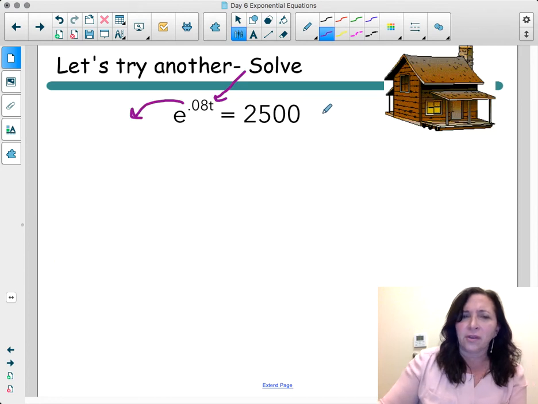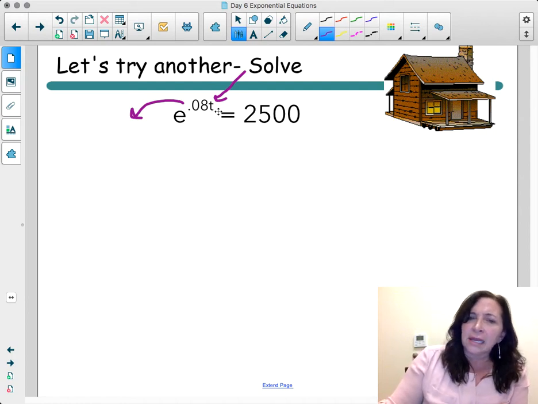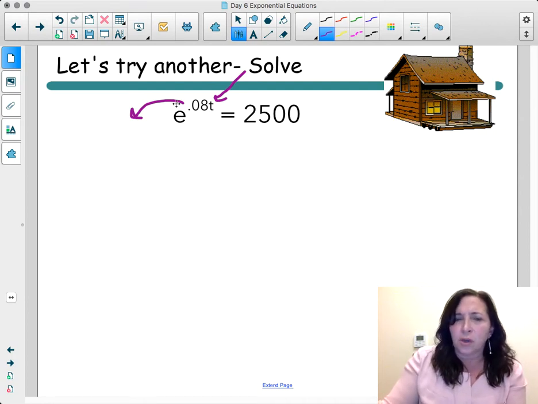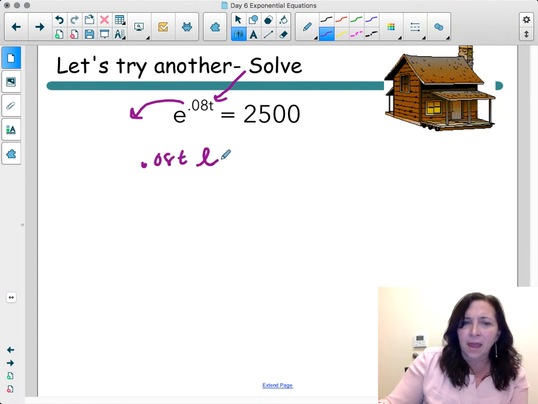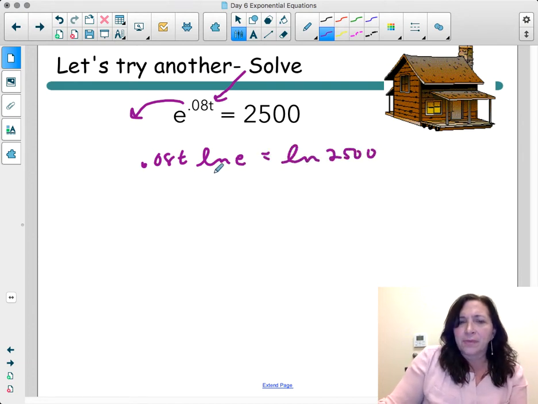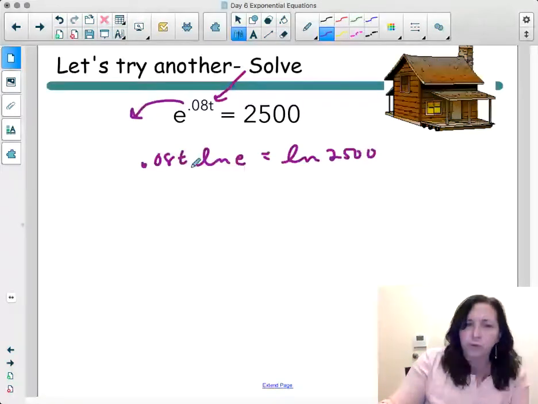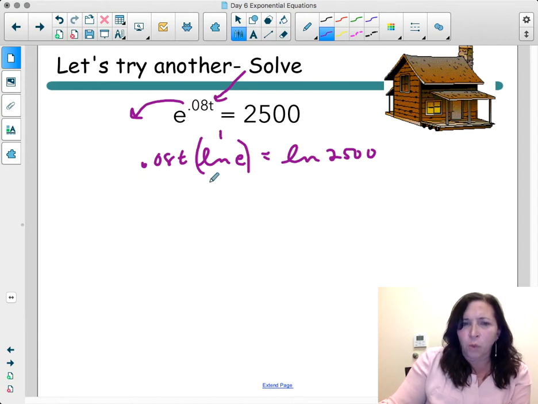Well, likewise, ask yourself, what's the inverse of e to the x power? Well, that's ln of x, or natural log. So basically, when I bring this out front, I get 0.08t ln of e is equal to ln of 2500. Now, most people don't actually have to write this little step right here because ln of e is 1.